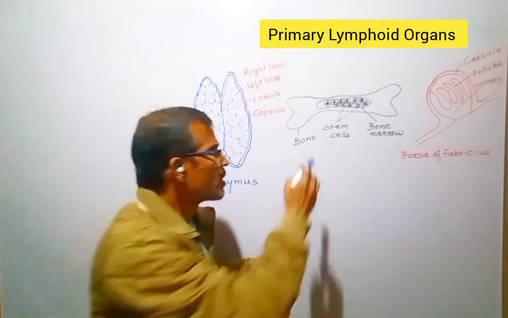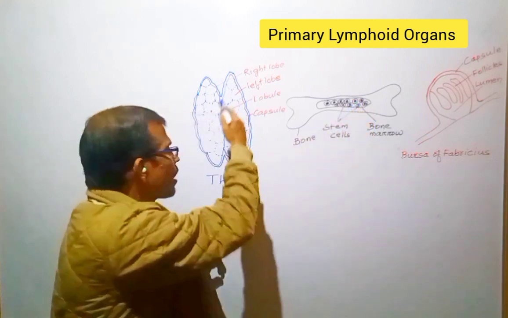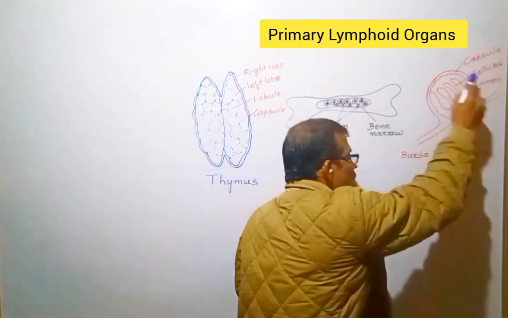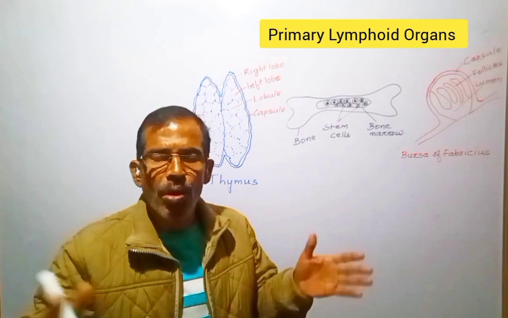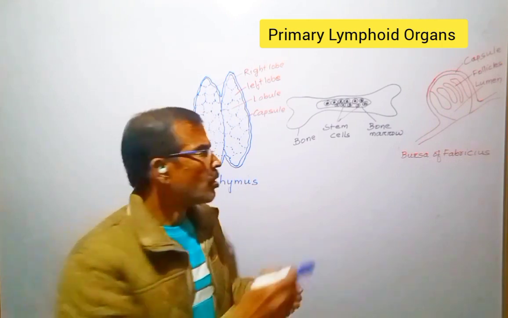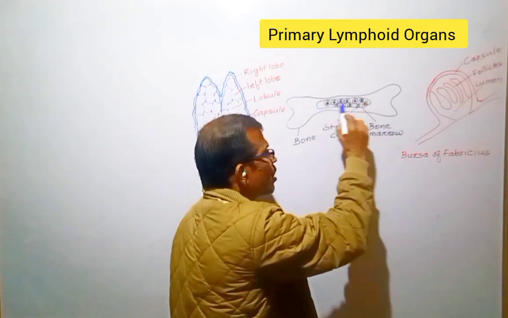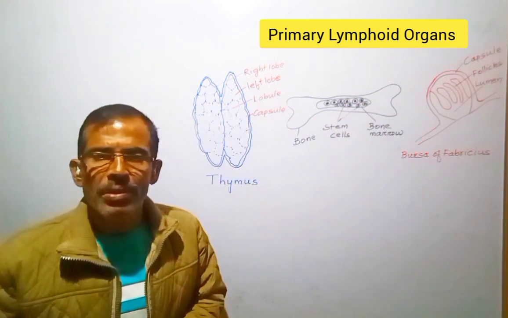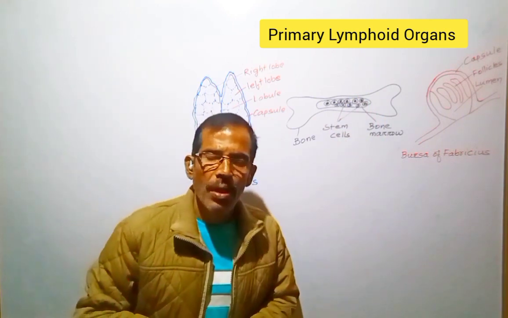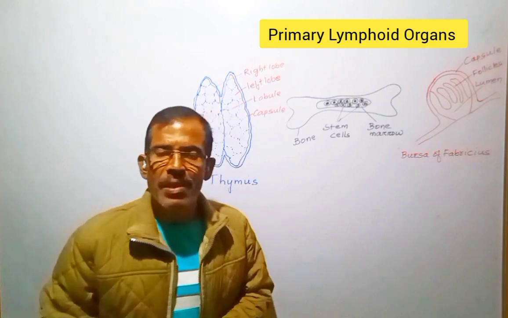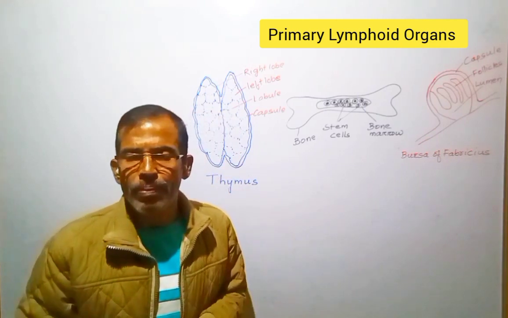Now we shall discuss bone marrow, thymus and bursa fabricius, which are all primary lymphoid organs. Bone marrow is a soft tissue located within the cavities of bones. Hematopoietic stem cells develop in the bone marrow.